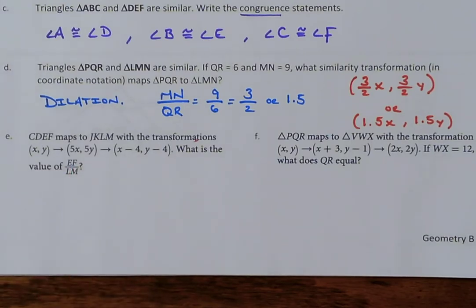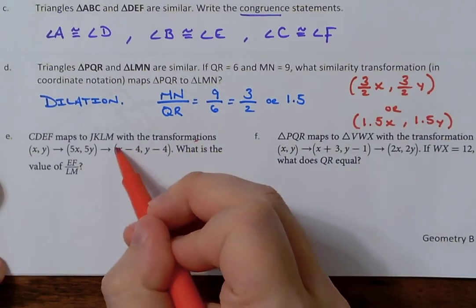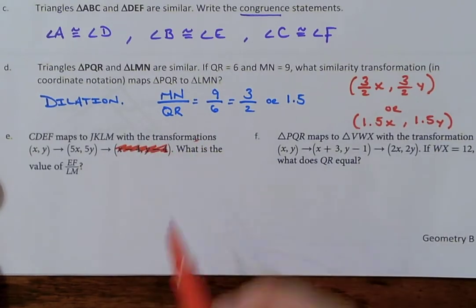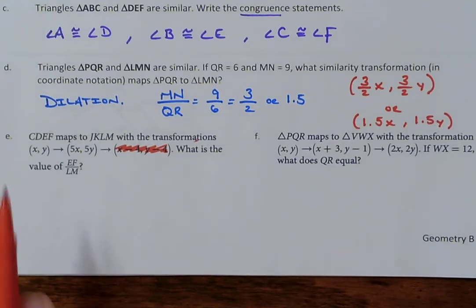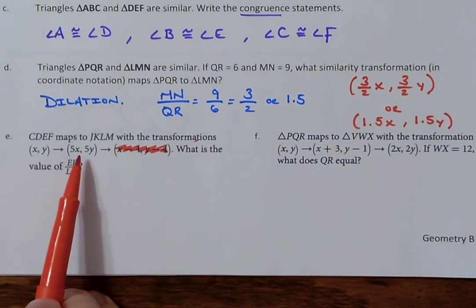Now, at first this problem may seem terrible and not fun to complete. This one really, though, isn't too bad. Really, all you need to focus on is the xy whenever you multiply or divide. So essentially, we could ignore the minus 4 part, and we just need to focus on these two.